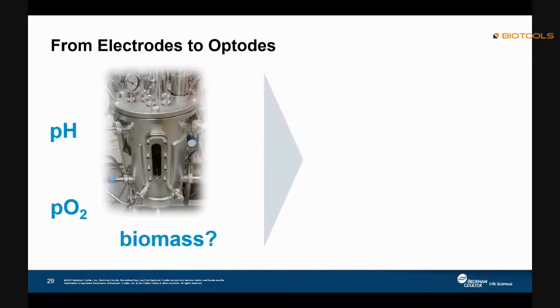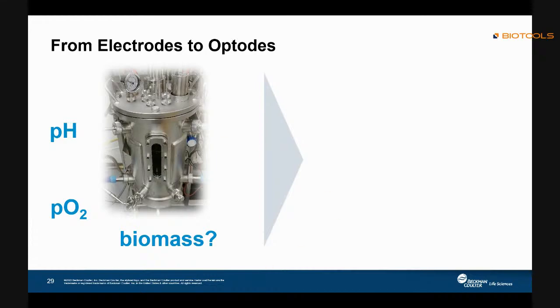And we have introduced a measurement method called optodes. Now when you're doing your fermentations, you need to add different electrodes inside your bioreactor if you want to do online monitoring. And it will be quite difficult because you may need some technicians to monitor and do the calibrations and make sure that everything is good.